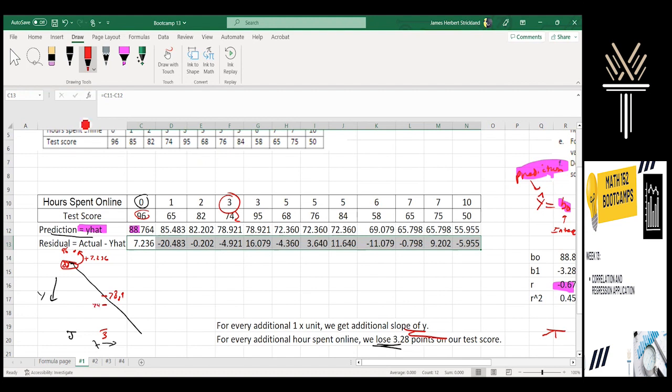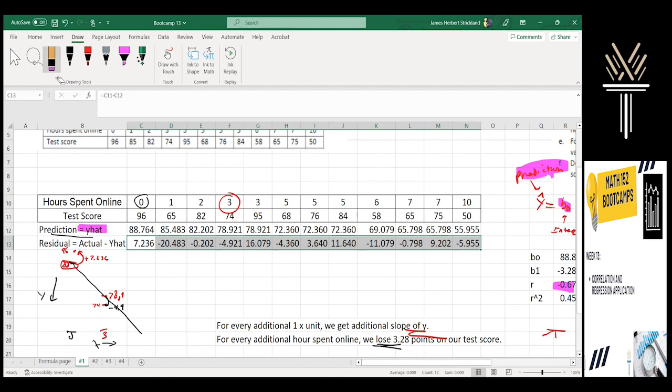And so in order to accurately get to that person's score, it would need to go down by 4.9 points. Essentially all the residual is doing is showing you how much correction you need. This is how much you would add to the prediction equation to get what really happened. This is how much you would take away. It's just showing you how you would need to adjust the equation.